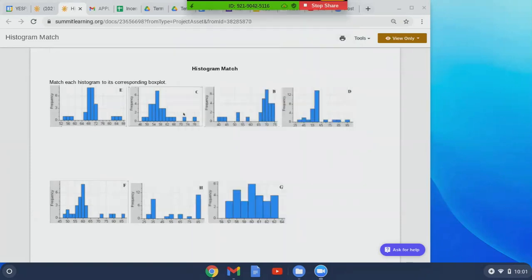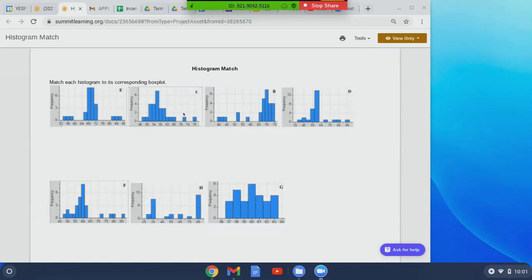Okay. Bev, what we are doing is we are going over the cool down 2. We are just discussing, and I'm trying to help you all understand what was expected. You were expected to critically analyze the histograms and then match them to their corresponding box plot. Okay?